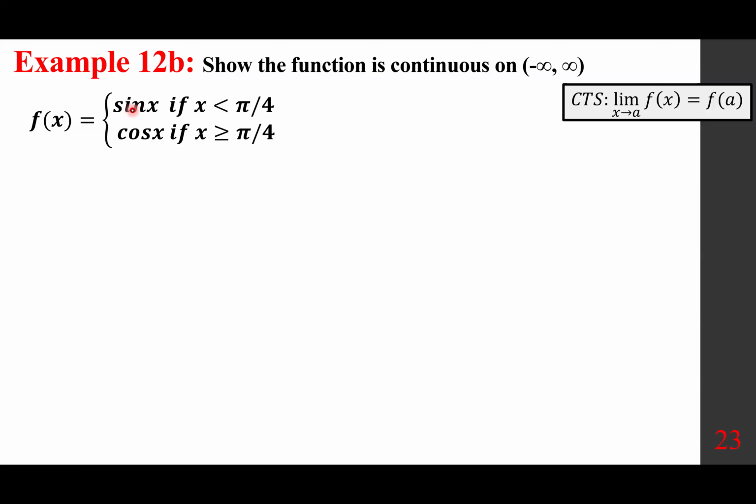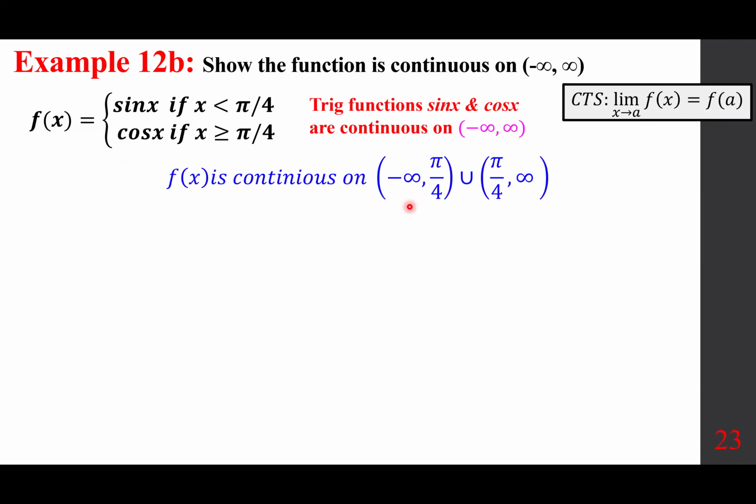Each piece is a trigonometric function, sinusoidal functions. As you know, the domain for each one is all real numbers. So trig functions sine and cosine are continuous on negative to positive infinity. Therefore, this function is continuous as follows.